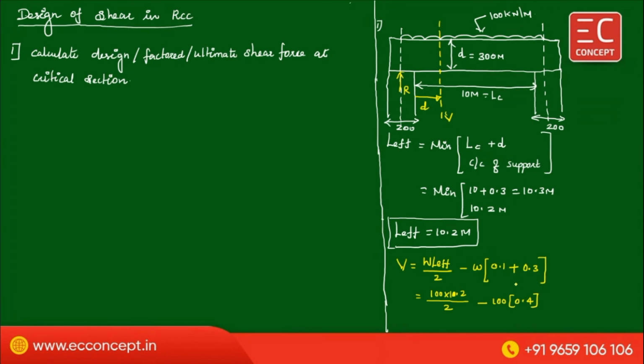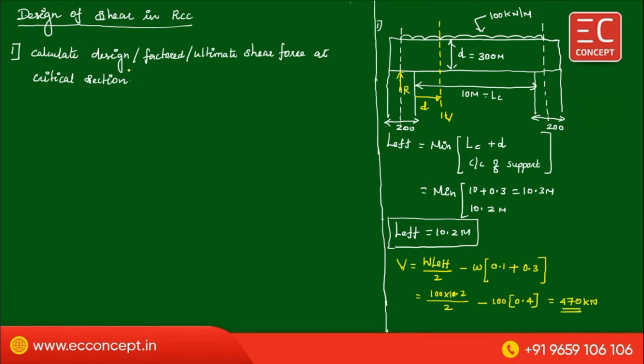So the answer for this is 10.2 into 100 divided by 2 minus, so the answer is 470. So this is the answer, 470 kilonewton. B is 470 kilonewton at this point.